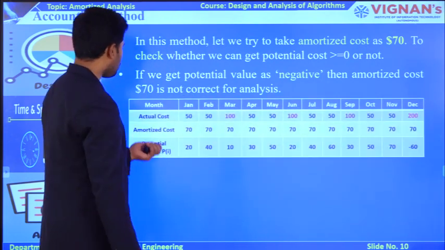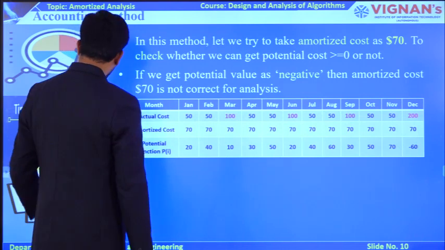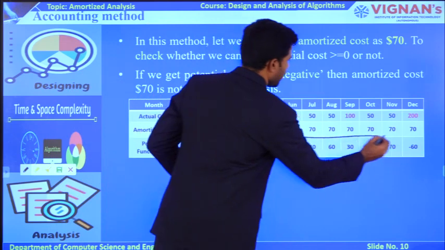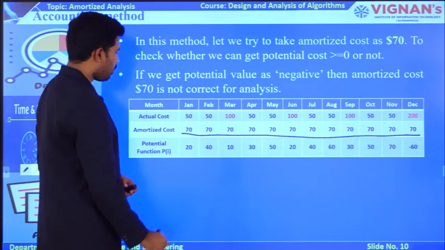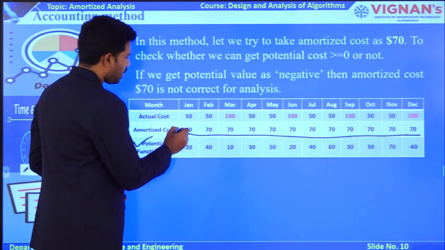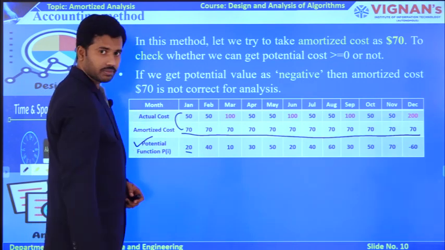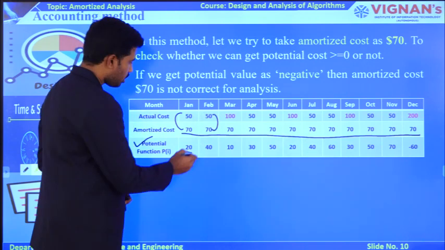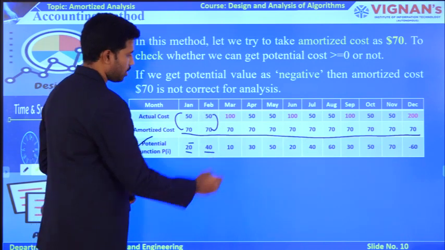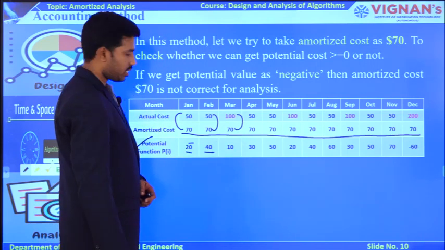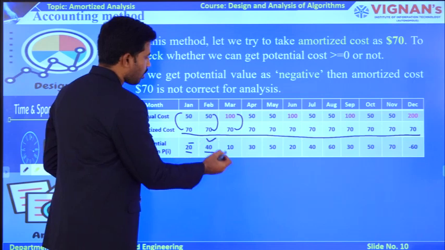Now if you take all the amortized costs as 70 like this, how will the potential function values update? 70 minus 50, which is 20. Then 70 minus 50 is 20, and 20 plus 20 is 40. Then 70 minus 100, which is minus 30, and minus 30 plus 40 is 10.